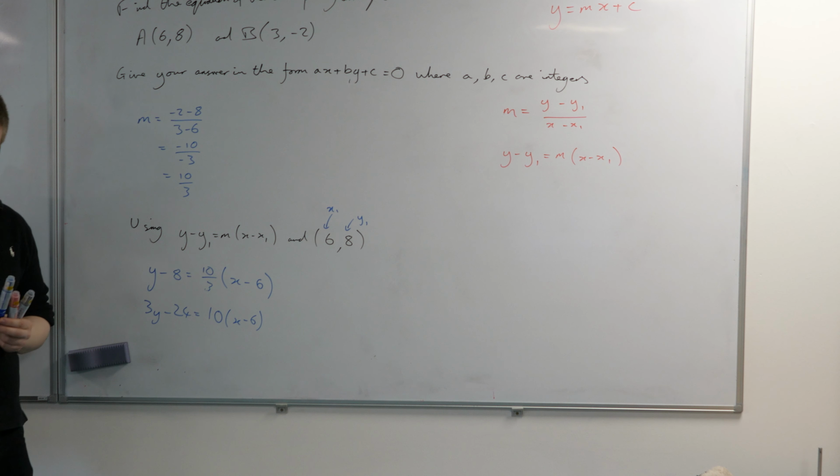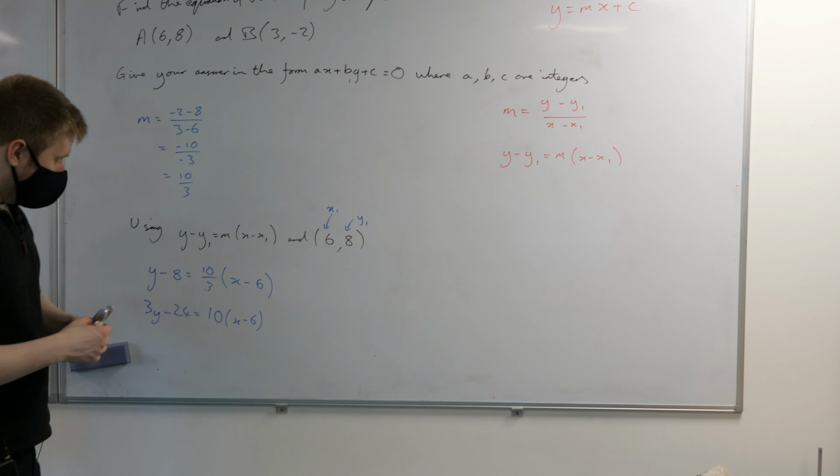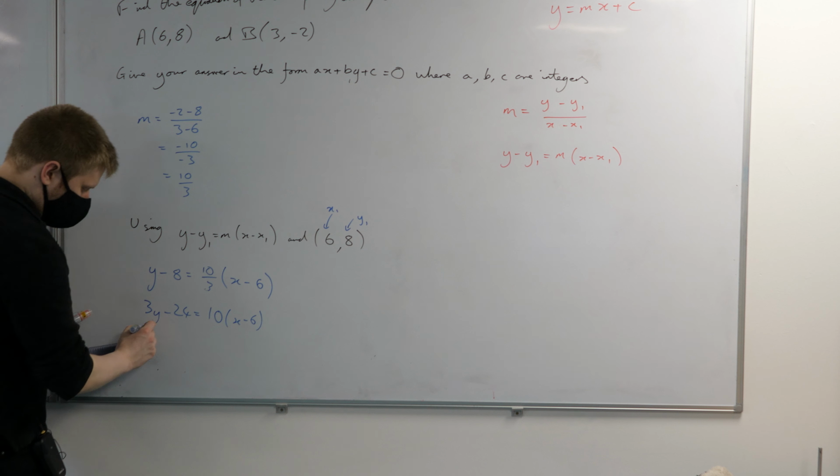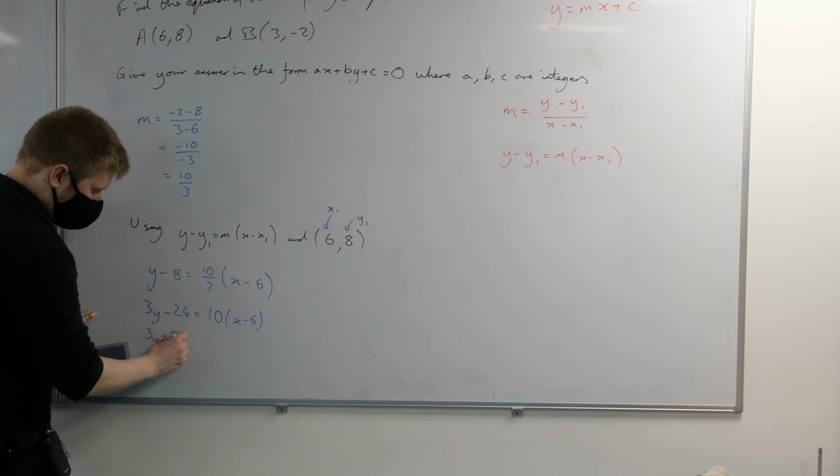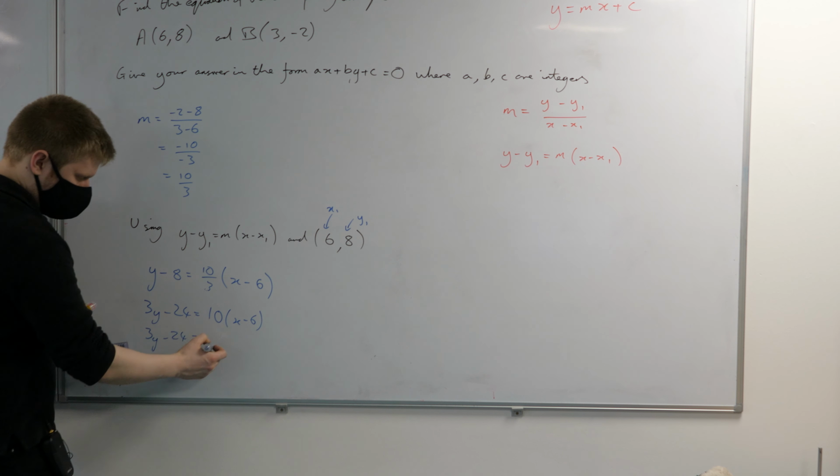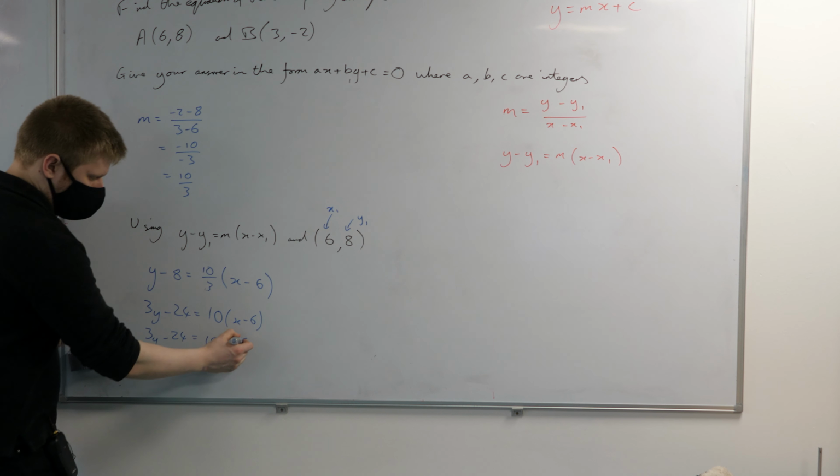So I've literally just multiplied both sides of the equation by 3. And now all I need to do is expand that right-hand side out. So 3y, take away 24, equals 10x minus 60.